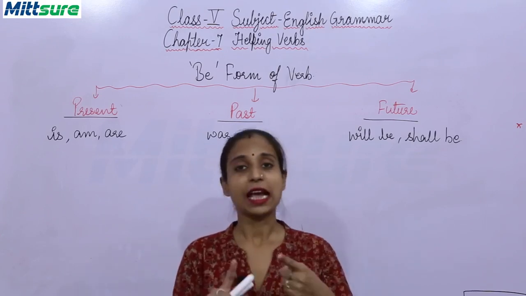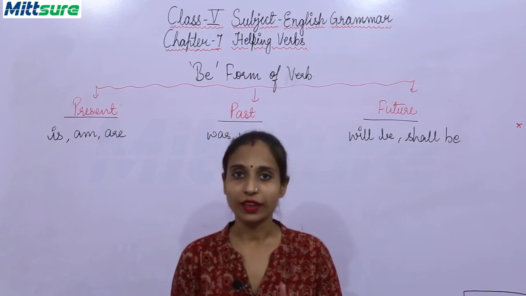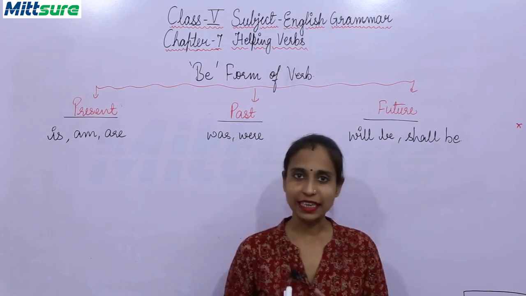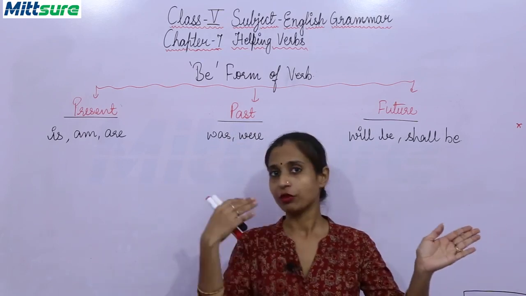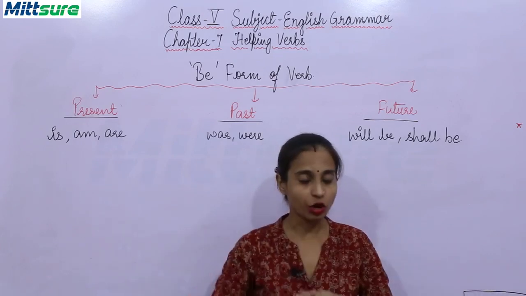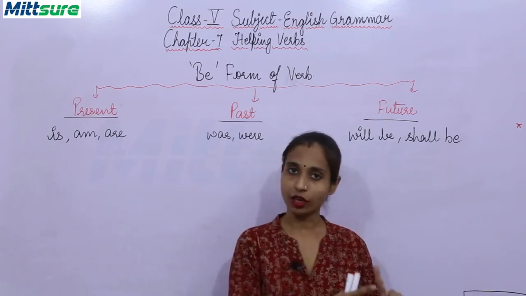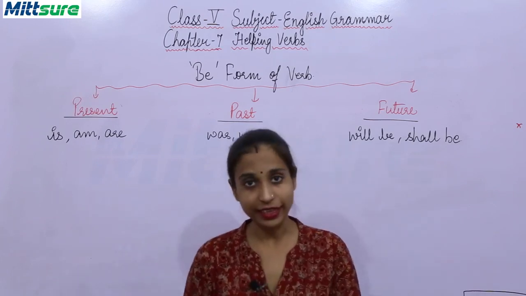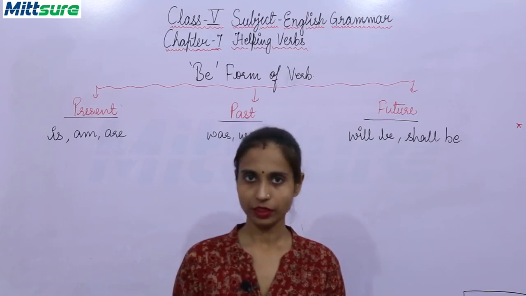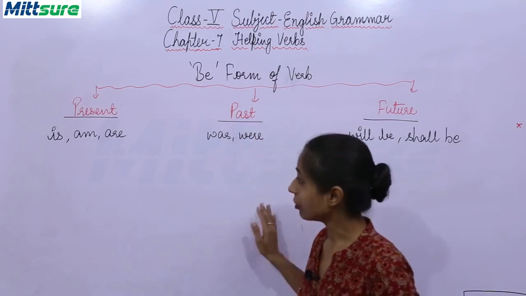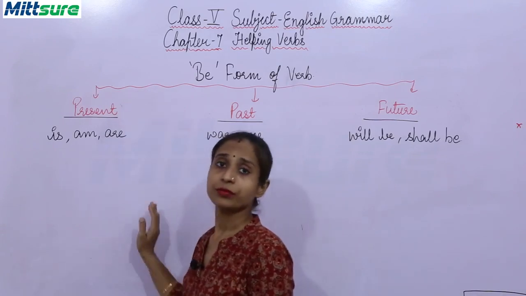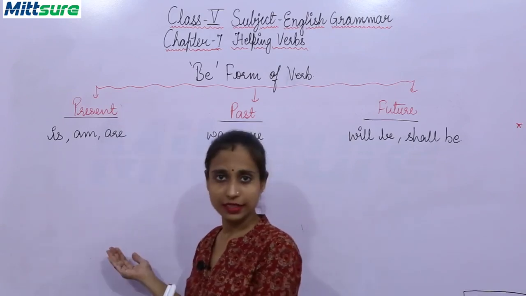The subject and the verb should always agree with each other. It is not like that with any subject we are going to use any helping verb. No, it is not like that at all. The verb should always agree with the subject of the statement. Alright, so now let us divide this according to the subject of the statement.